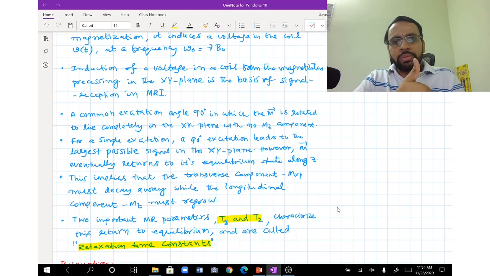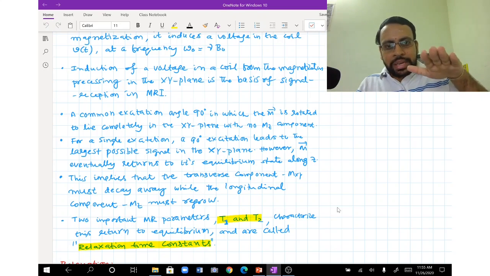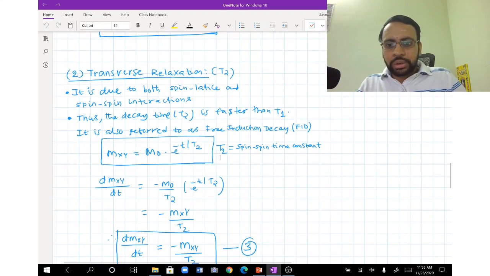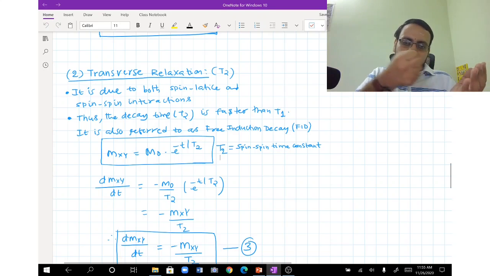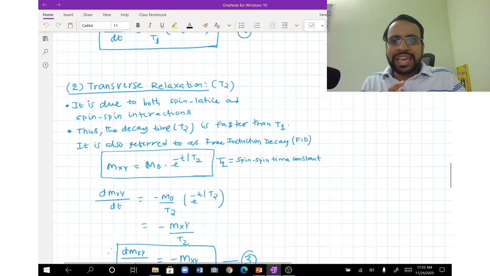So what is of our interest now is to study how the magnetic field would vary in the xy plane, that means how M subscript xy is going to vary over time after you withdraw your RF magnetic field, RF signal. And the second one is how your Mz, the projection of this M bar on the z axis, is going to vary.